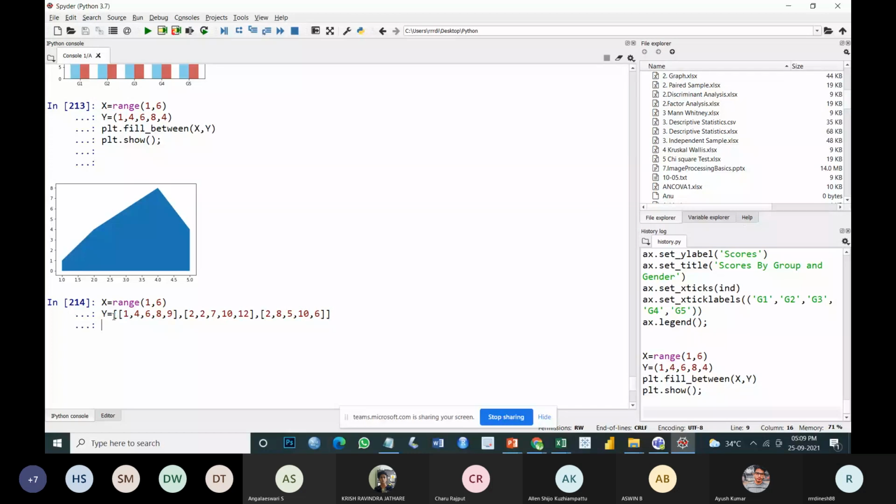Then we can draw the stack plot of x comma y comma labels a, b, c.